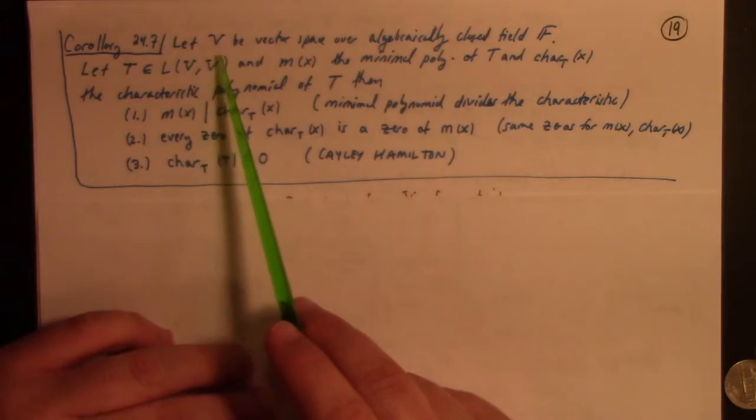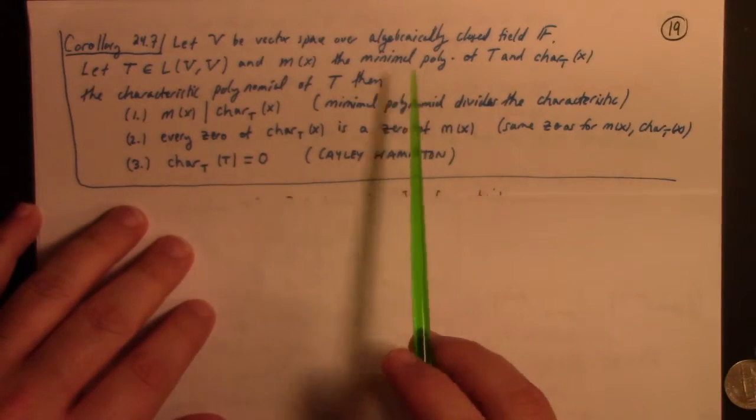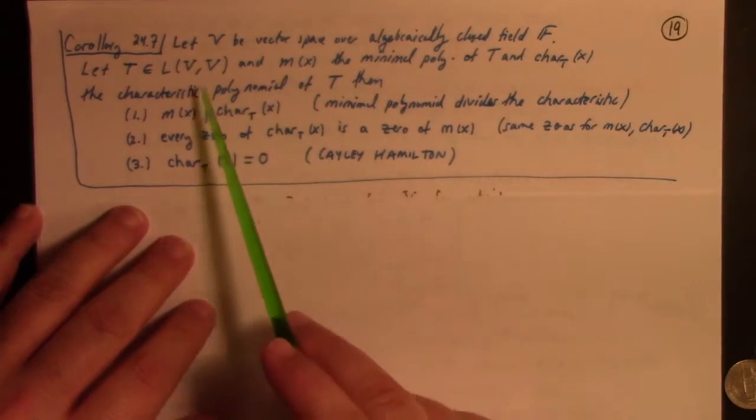So, I digress. All right, here we go. Corollary 24.7. V being an algebraically closed field. So, in other words, the triangular form theorem applies.